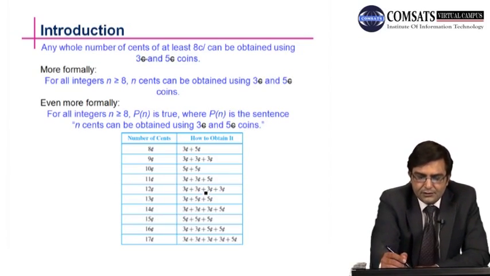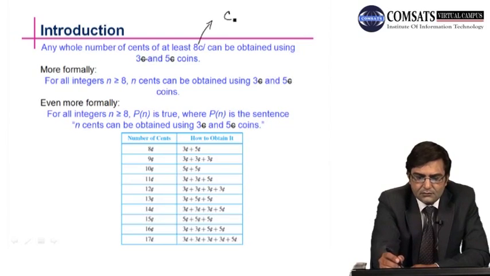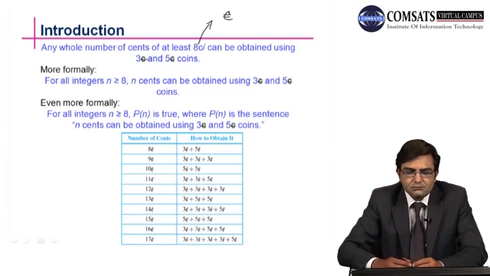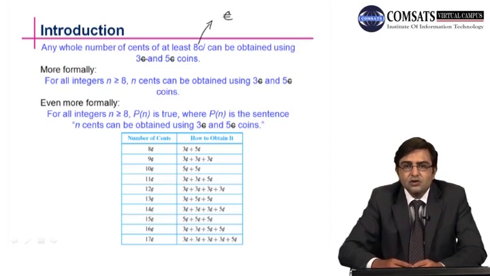can be obtained using 3 cent and 5 cent coins. Basically, a cent is a coin. 100 cents is equal to 1 euro, or you can say $1.